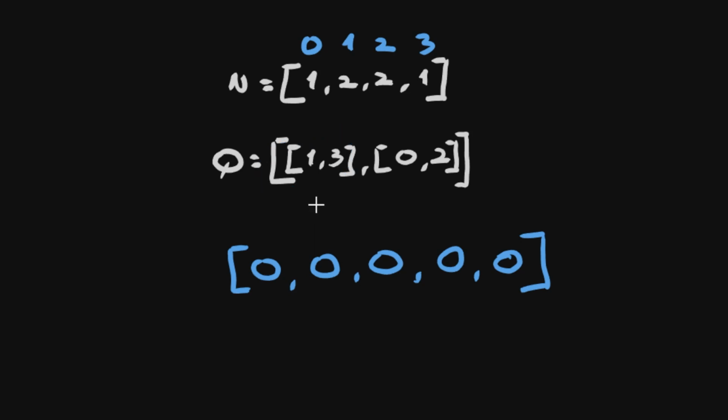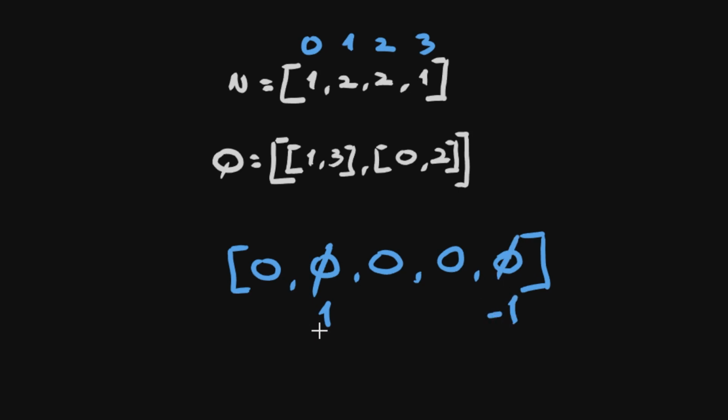Let's see how. First, we take the left index and we add 1 to the element in that index. So this is now 1. And next we take the right index and we subtract 1 at index right plus 1. So this is 3. This means that at index 0, 1, 2, 3, 4 here we subtract 1. So this is now minus 1.